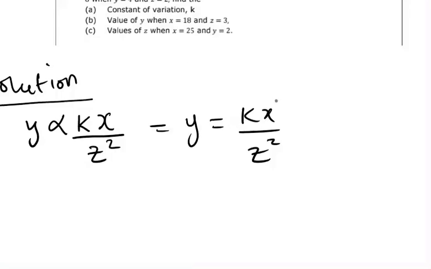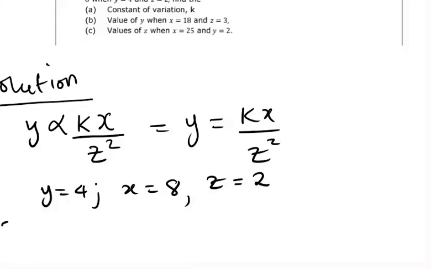Then z is inverse, z is at the bottom here. Then we are told y equals 4, x equals 8, then z equals 2.